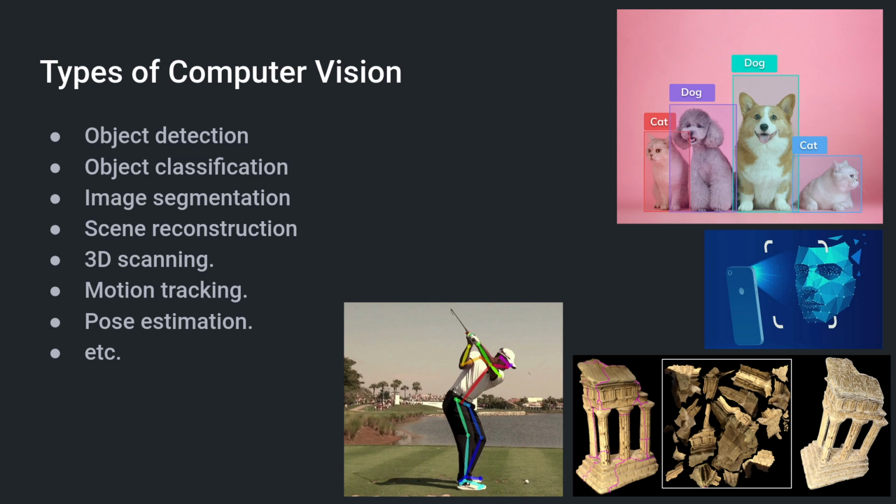And then also there's motion tracking, which we'll be talking about in a few slides, and pose estimation, which you can see an example of with this golfer, where the computer is estimating the position and orientation of the golfer's arms, body, and legs.